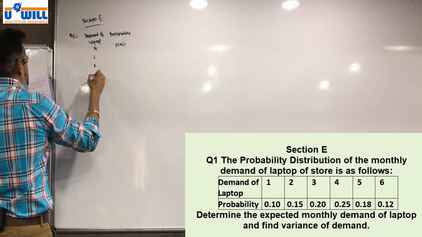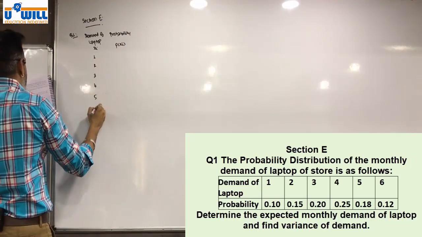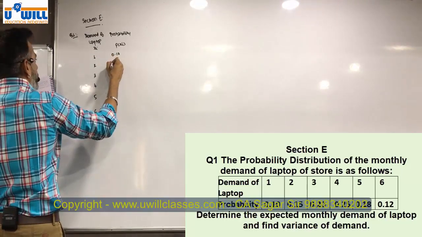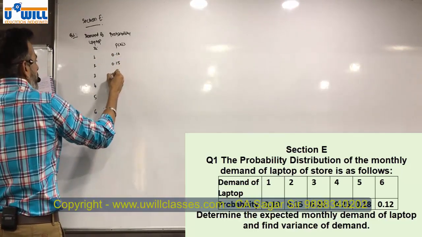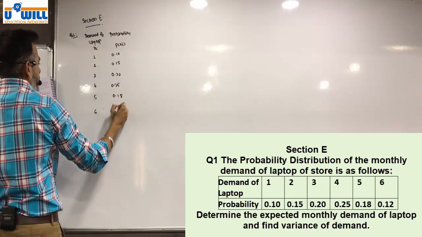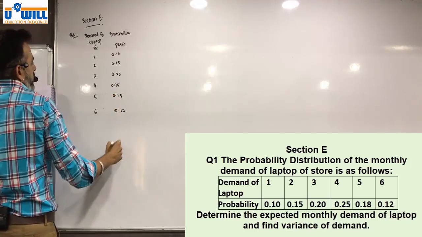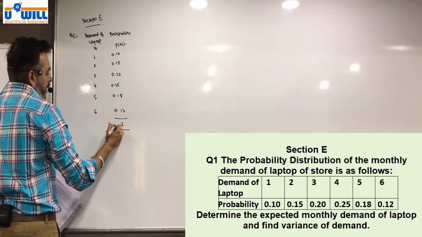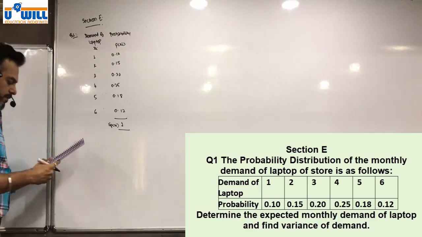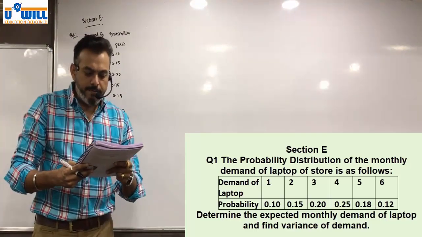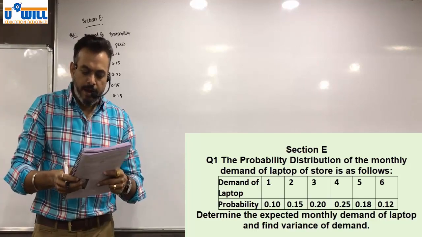Xi values are 1, 2, 3, 4, 5 and 6, with probabilities 0.10, 0.15, 0.20, 0.25, 0.18, 0.12. This is always equal to 1, that is sigma P of Xi. Now what we have to find? We have to find the mean, that is expected monthly demand of laptop, and variance.